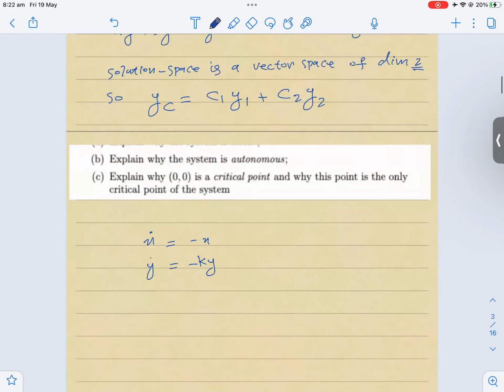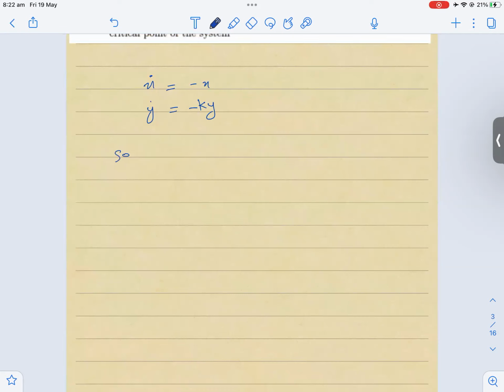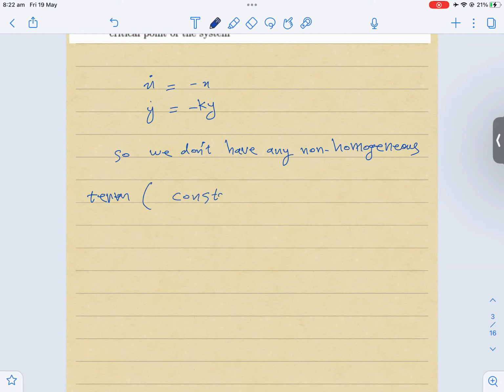So we don't have any non-homogeneous term, including constants or terms involving t, the independent variable.